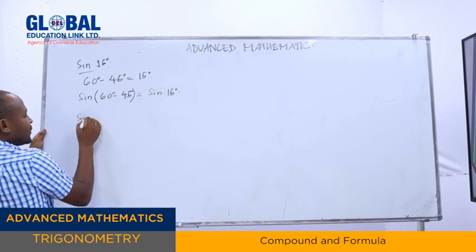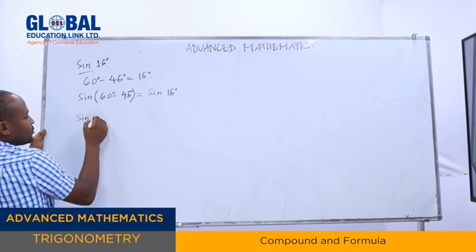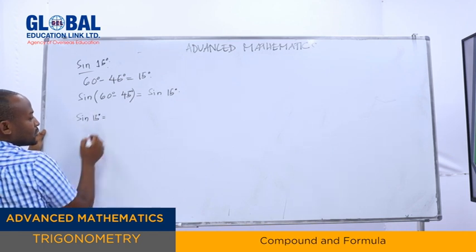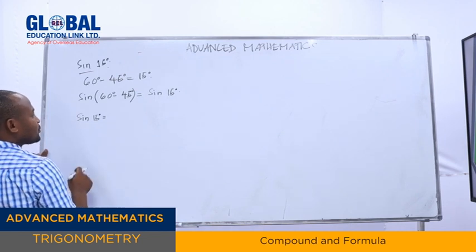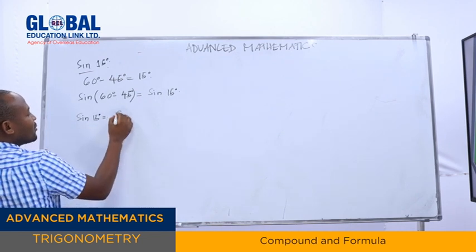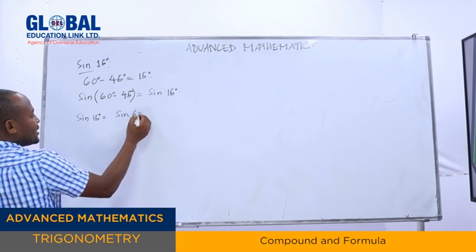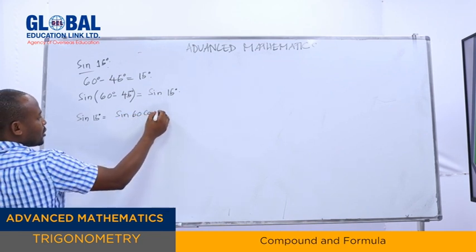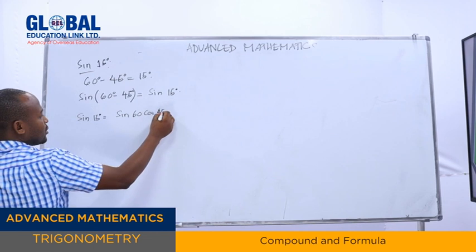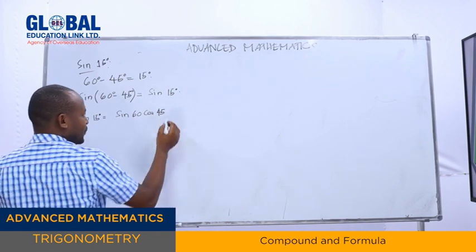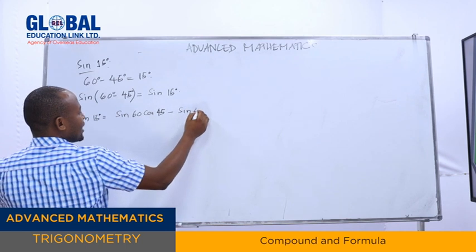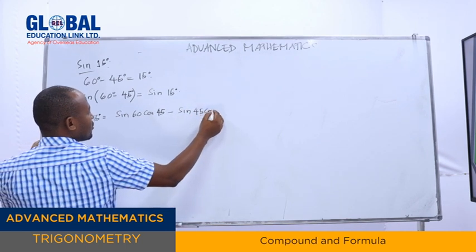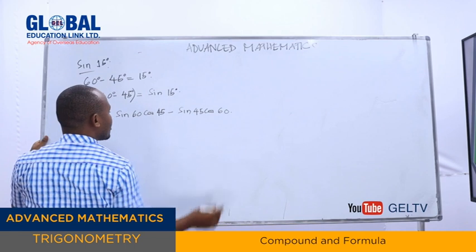That is to say, sine 15 equals what? Let's use the compound angle formula. We shall have sine 60 cos 45 minus sine 45 cos 60.